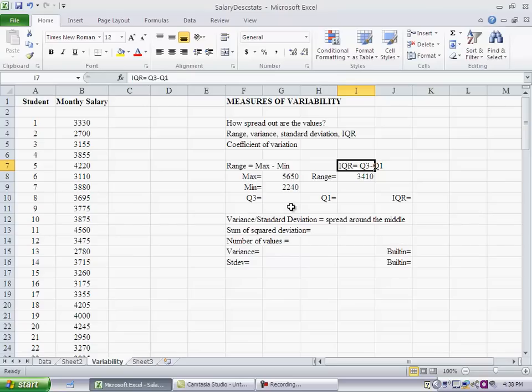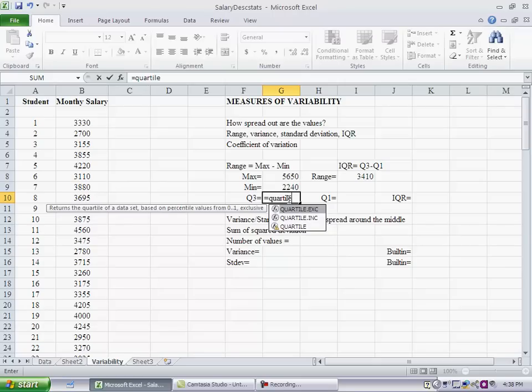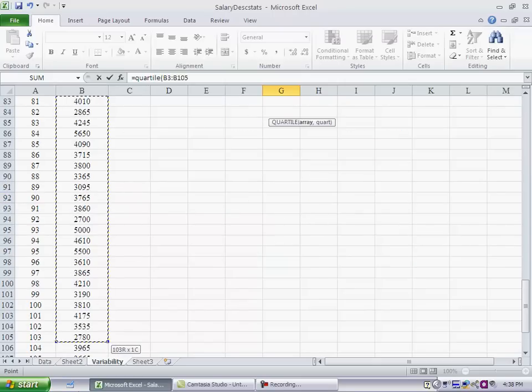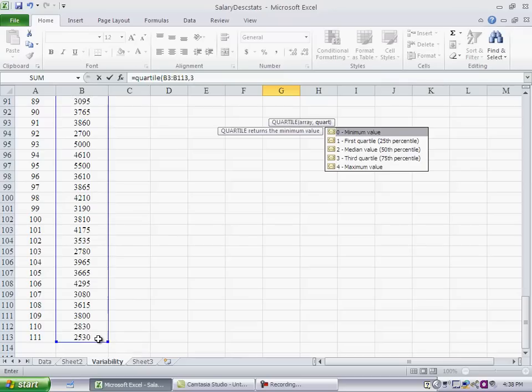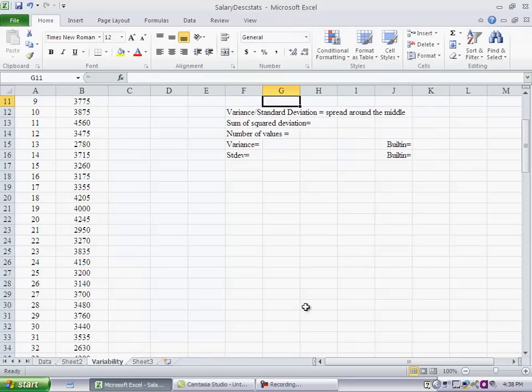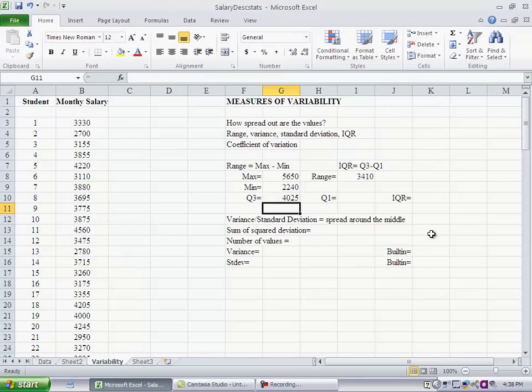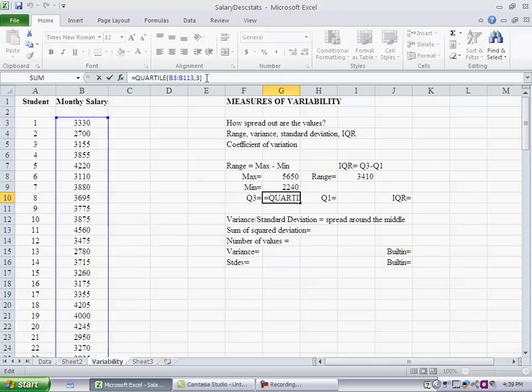So let's compute the third quartile. This time I will use the built-in function, quartile. So I highlight the data values. So here's my third quartile, which is 4025. You can see here that I've put in the range and the number 3, meaning I want the third quartile.